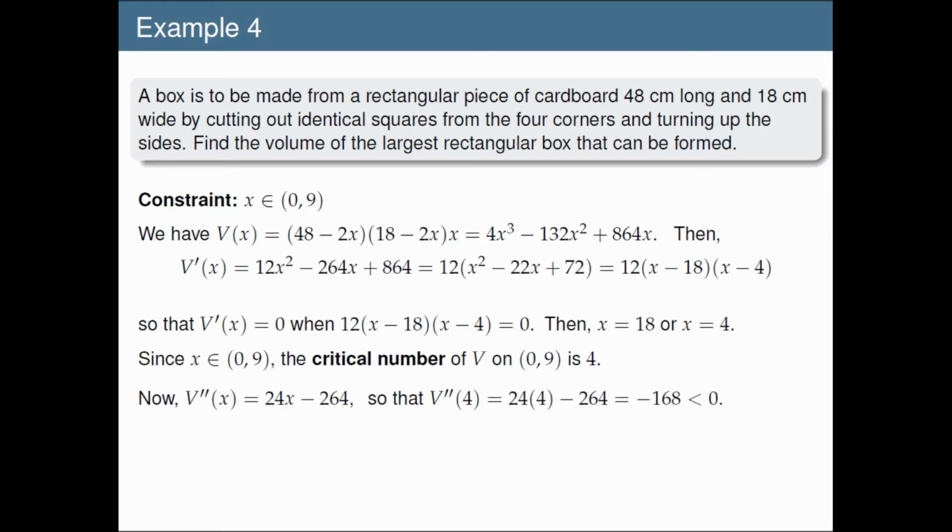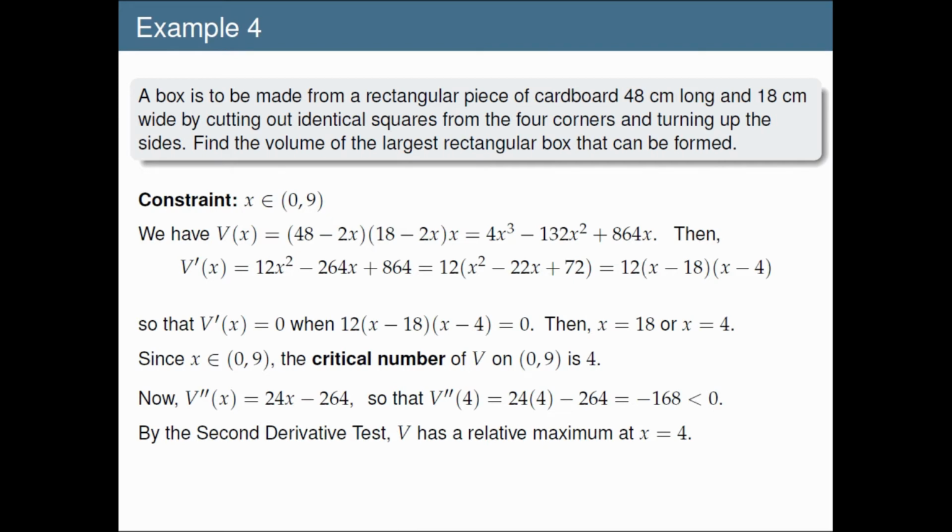This is less than 0. Since V prime is 0 and V double prime is negative when x equals 4, then by the second derivative test, V has a relative maximum at x equals 4. So maximum ngayon yung volume ng box when x equals 4.